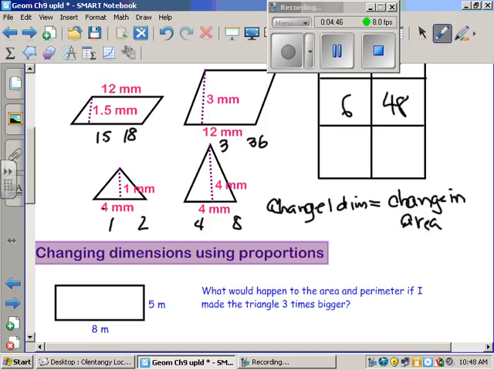Okay, now that works for every shape except a circle. So think for a second, why wouldn't a circle have the same relationship?